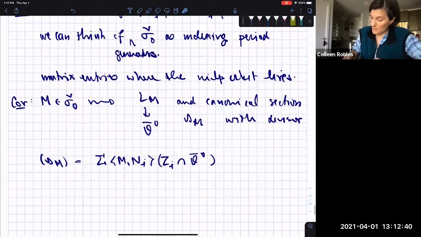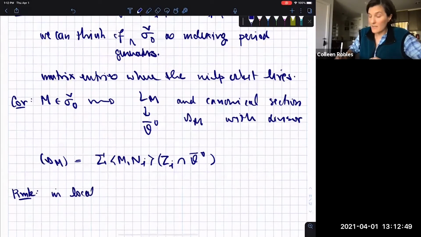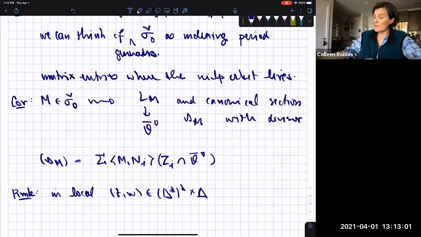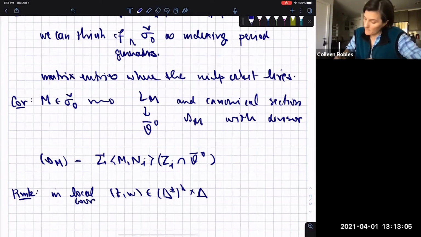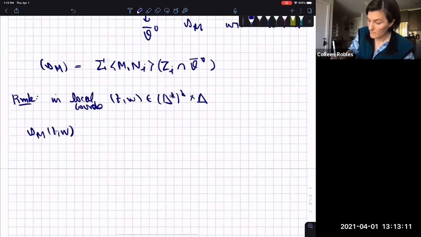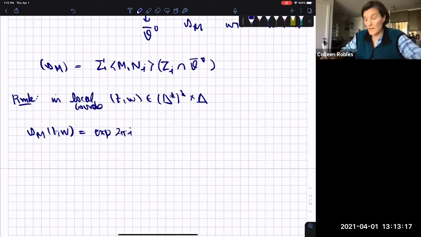And let me just remark, because it'll be possibly a little interesting later, that if we look at this section in local coordinates inside a local trivialization, so maybe some T_i, in local coordinates at infinity, then the section is basically given by the exponential of one of these period matrix entries, 2 pi i times a period matrix entry.